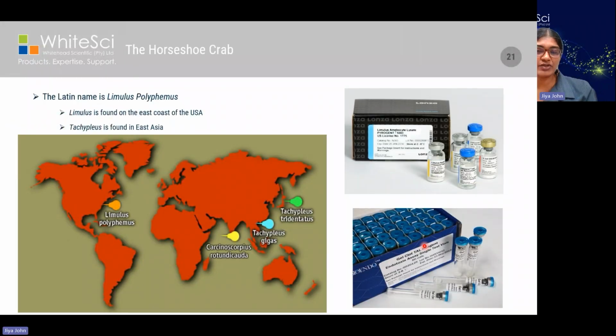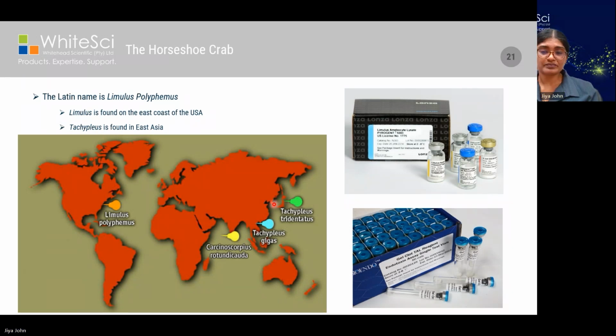So before we talk about the RFC assay, which is the alternative method using recombinant technology, I just want to discuss the horseshoe crab itself, which is the hero of this endotoxin testing. The horseshoe crab's Latin name is Limulus polyphemus. There are two species, one that you can find on the east coast of USA, the American region, and then you will find another species called Tachypleus in the Asian continent.